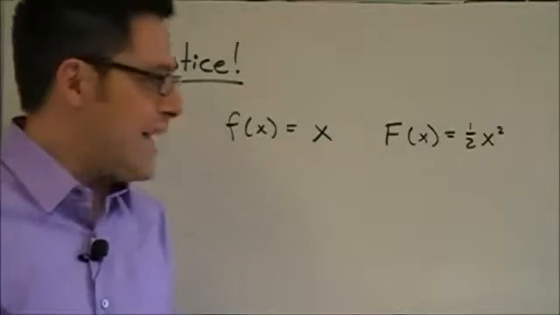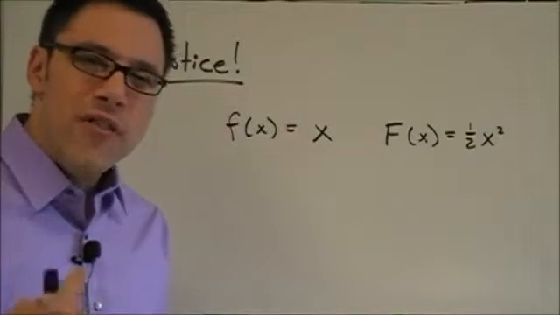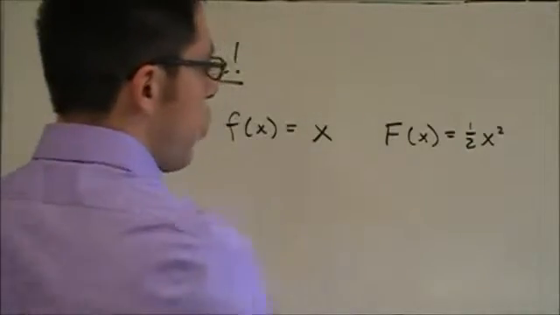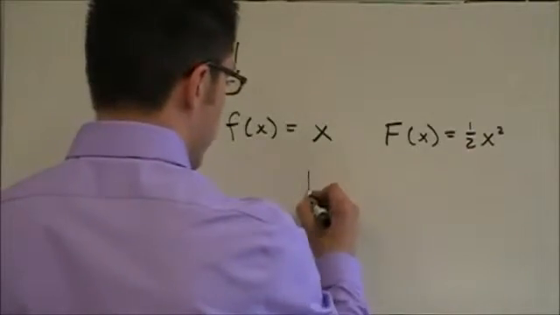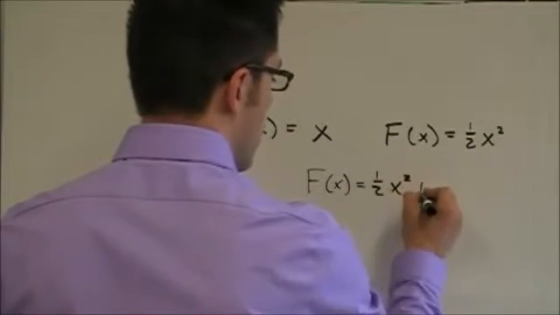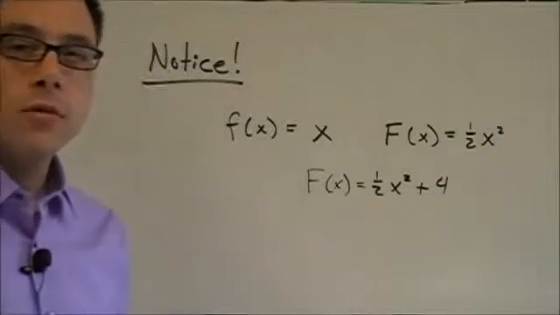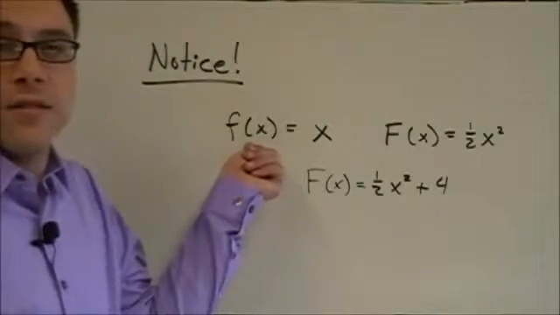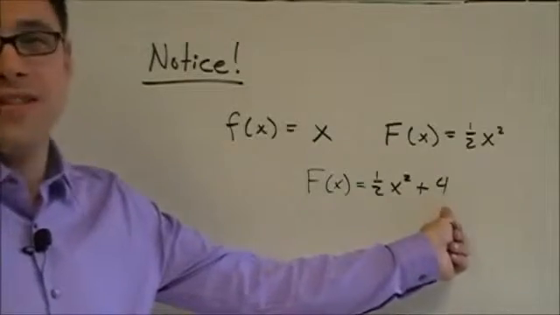And the reason why is because the derivative of any constant is 0, right? So in fact, even though this is one antiderivative, another antiderivative might be, what if capital F of x were 1/2 x squared plus 4, right? If I take the derivative of this capital F, I still get x, right? Because the derivative of 4 is 0.